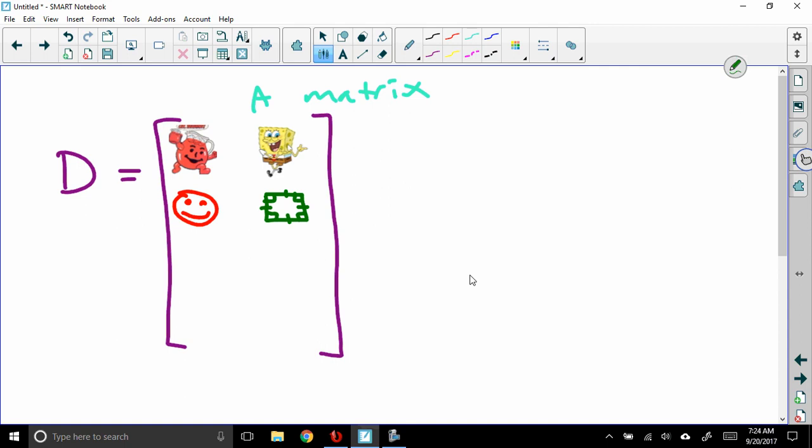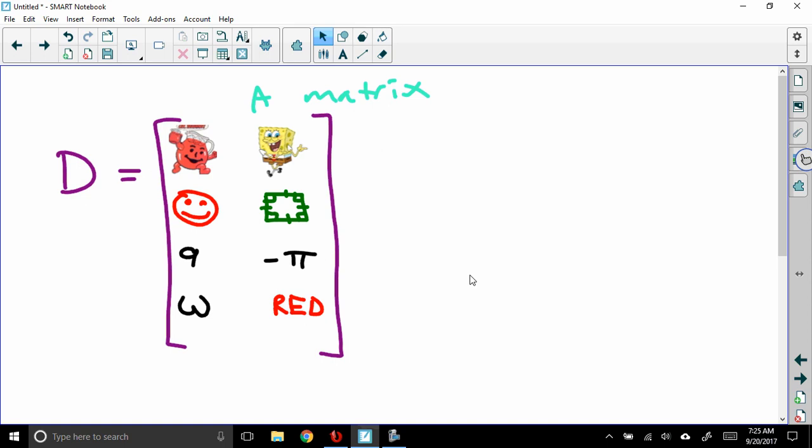Maybe we'll put something else like the number 9. Maybe the opposite of pi. Maybe a Greek letter like omega. And finally, maybe a word. Like a word. Red.